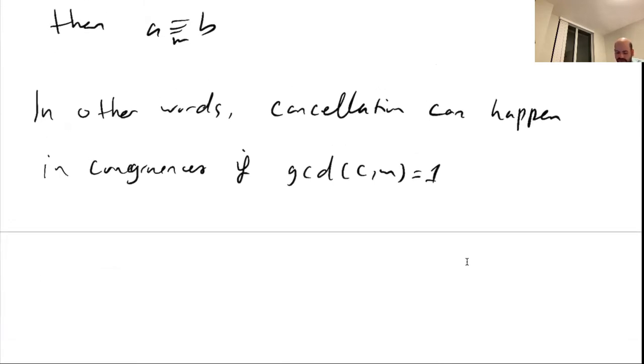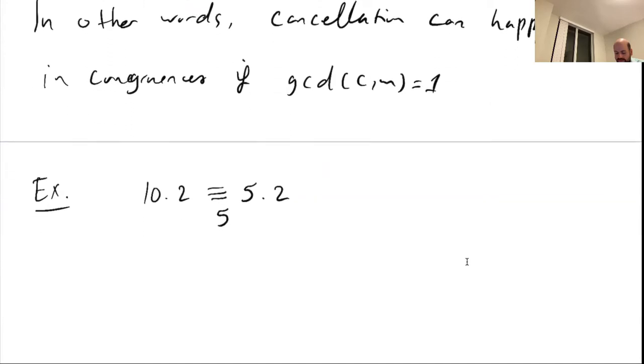before doing the proof, I can give you an example. Let's say, for example, 10 times 2, let's say mod 5, is the same as 5 times 2. Right? Because 20 and 10 are congruent mod 5, because 5 divides 20 minus 10.